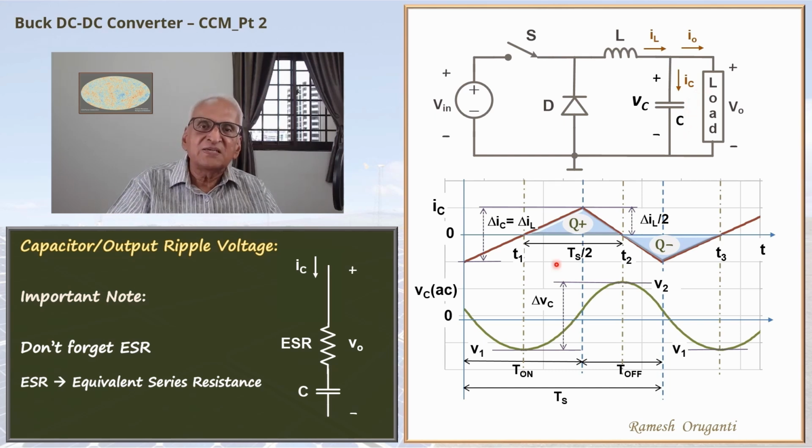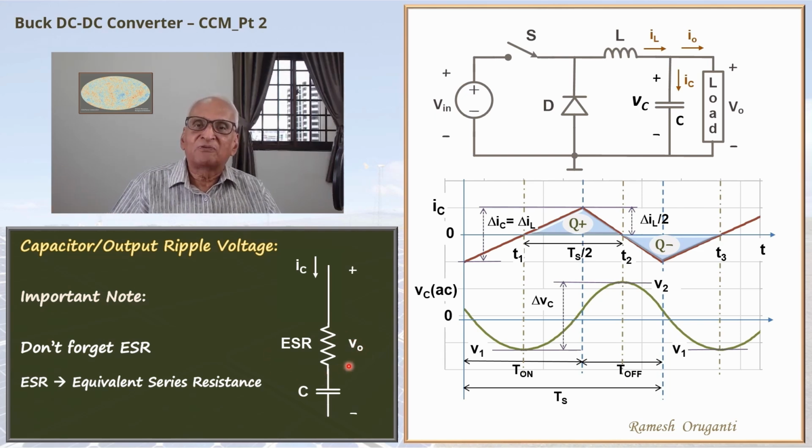ESR, being a series resistance, can have a great effect on the output ripple voltage. The voltage drop in the ESR can sometimes be so significant, it may even overshadow the voltage drop in the ideal capacitor. In other words, the ripple voltage may almost be totally determined by the ESR alone.